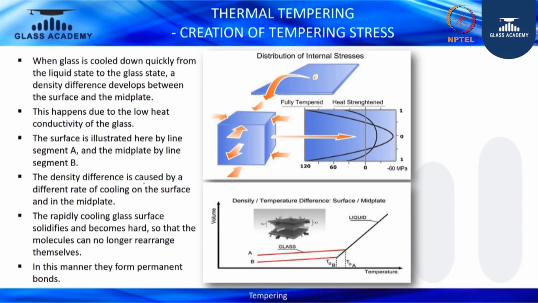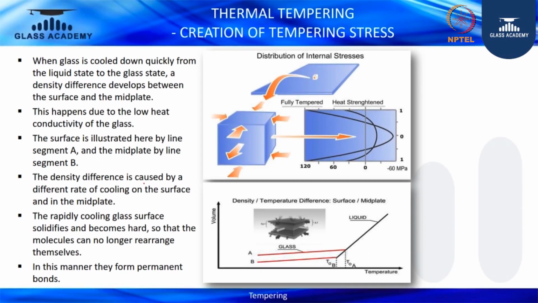When the glass is cooled quickly from the liquid stage to the glass stage, a density difference develops between the surface and the mid plate. The mid plate takes longer time to cure, whereas the surface cures faster. This happens due to the low heat conductivity of the glass. The surface is indicated here by line A and the mid plate by line B, you can see here.